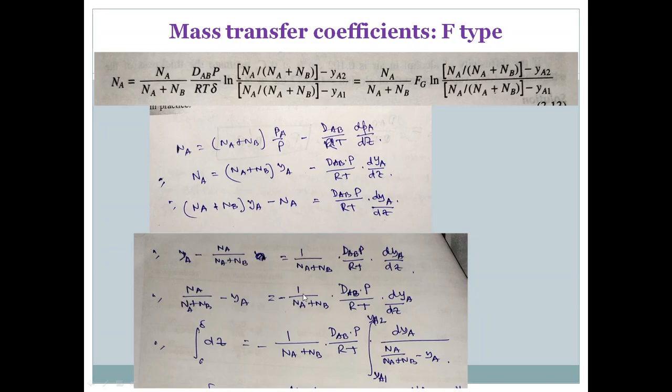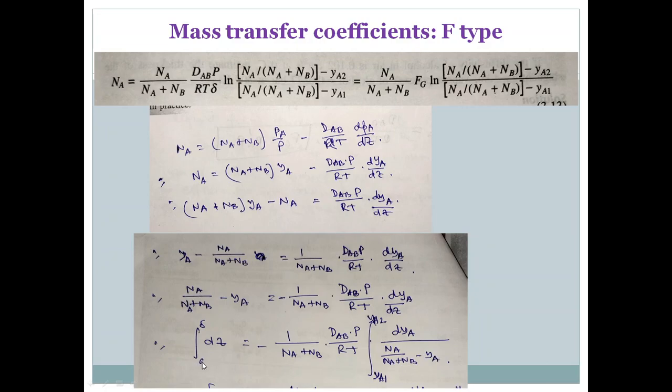Now I multiply it with Na and take one negative sign, so Na by Na plus Nb minus y, and this will be a negative term, minus dAB P by RT, dyA divided by Na by Na plus Nb minus y. This term will come here.